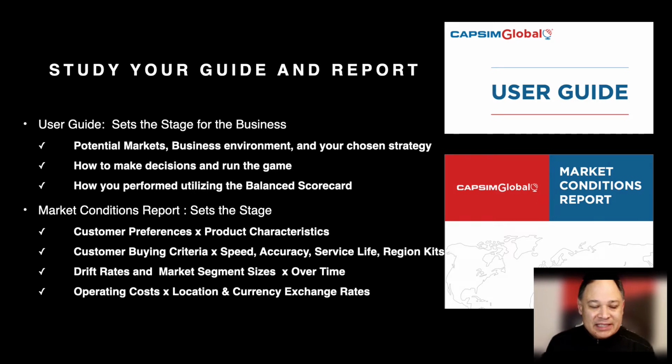You'll talk about things like the customer buying criteria, what's important to them, such as the speed, the age, or the service life of the products you're producing. You'll also consider drift rates, or how the market evolves over time, and market segments over time. Finally, you'll talk about operating costs in different locations. You'll talk about currency exchange rates and perhaps shipping.